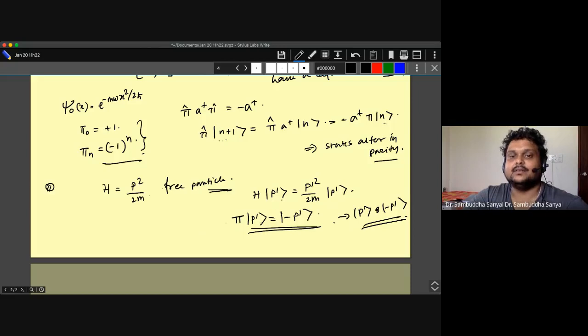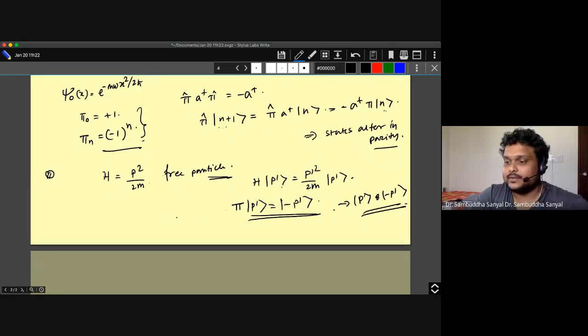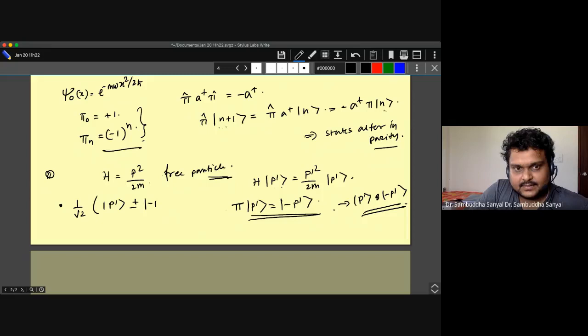This same energy eigenstate need not also be an eigenstate of the pi operator, the parity operator, but you can always construct a parity eigenstate. So here I construct a parity eigenstate, given by |p'> plus or minus |-p'>.